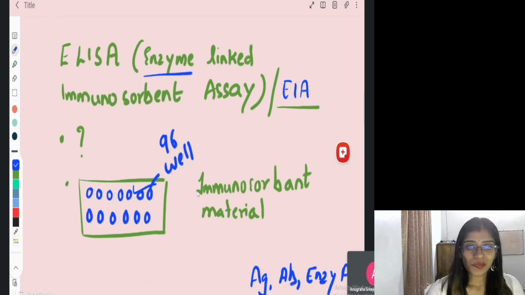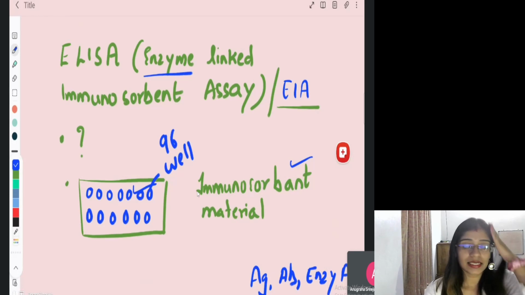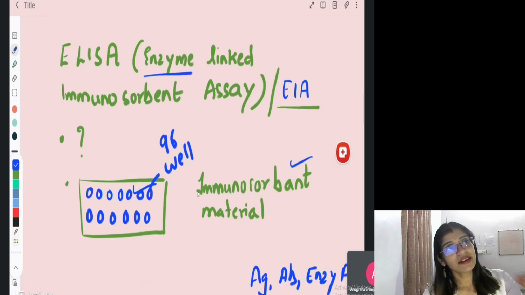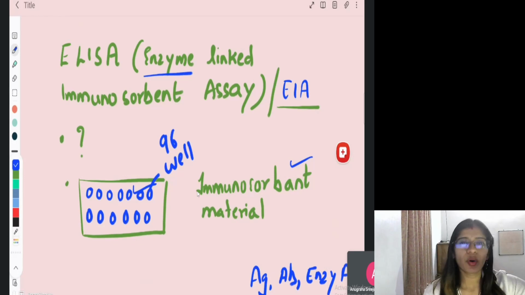The second point that you should remember is that all these wells are coated with a material called immunosorbent material. Now, what is this material? What are we detecting in the ELISA test? We are detecting if there is an antigen or an antibody of a specific disease in the patient.